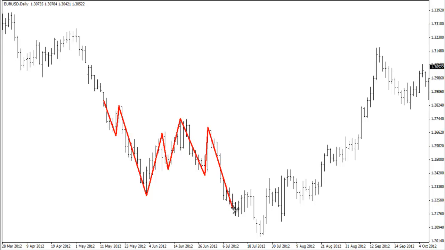So this then develops into a head and shoulders pattern from an inverse head and shoulders pattern. Shoulder, head, shoulder of the inverse head and shoulders. Shoulder, head, shoulder of the head and shoulders pattern.